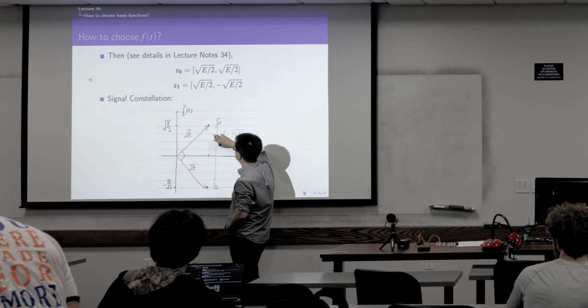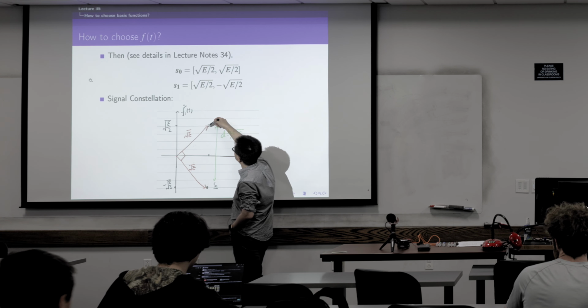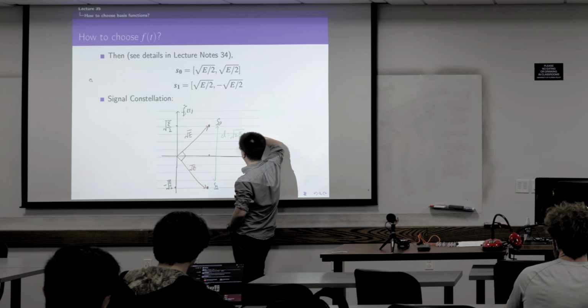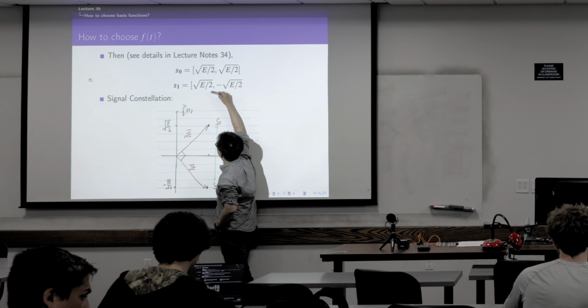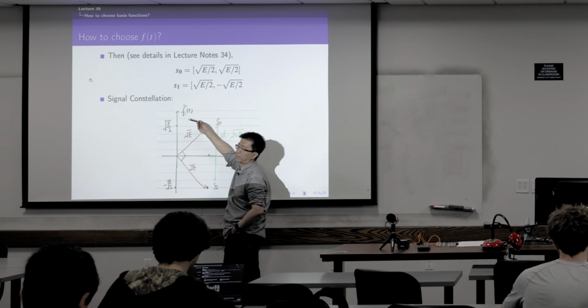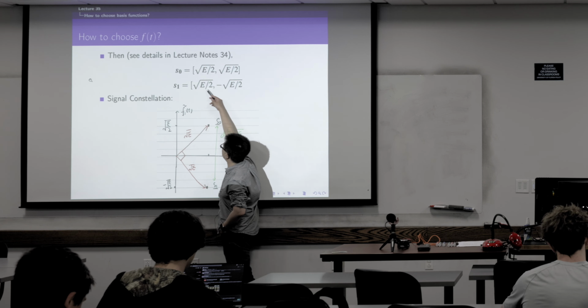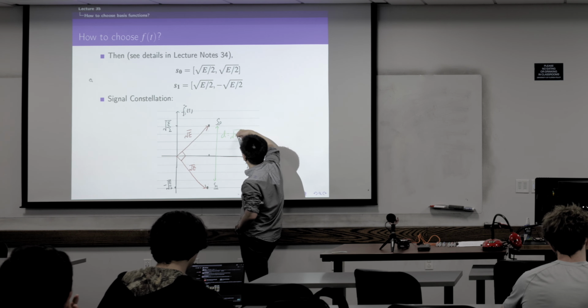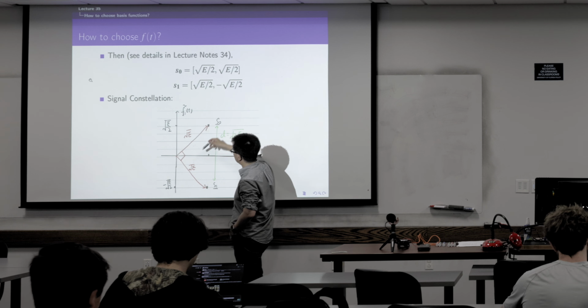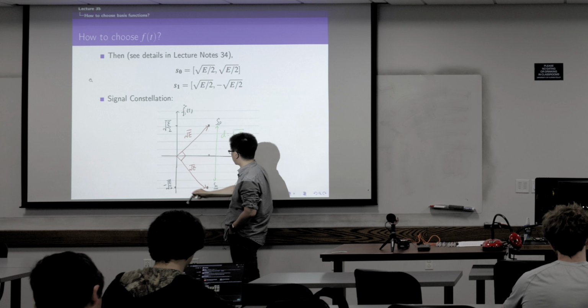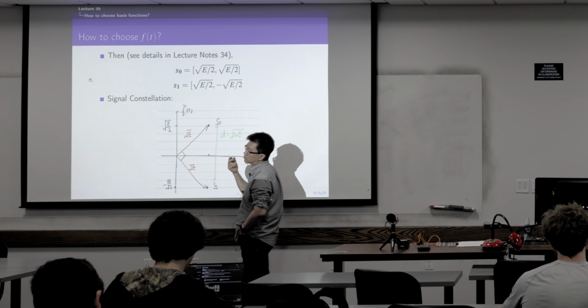This point means that if we use this value to multiply f0 tilde, and this value to multiply f1 tilde, then we get our S0 of t. And if we use this value to multiply f0 tilde, and minus this value to multiply f1 tilde, then we get our S1 of t.